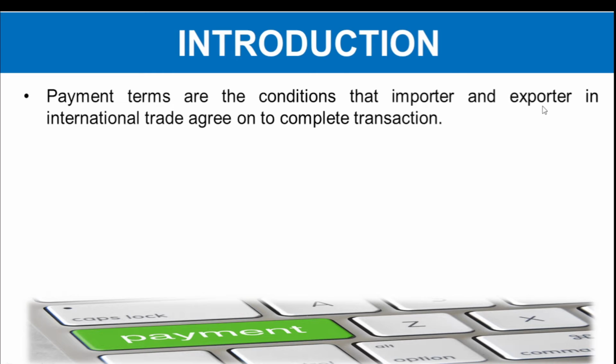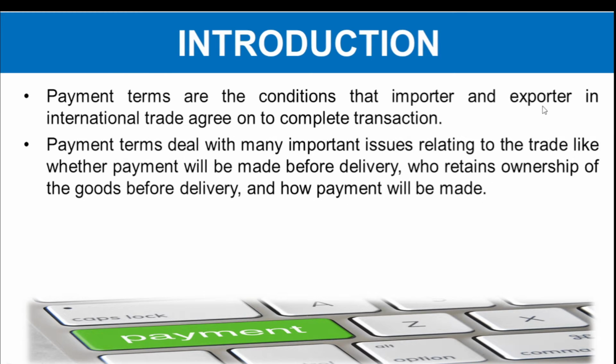So to avoid all those things, they have to agree on certain things, right? One of the most important things is how the payment will be made. In this video, we will focus on what all the payment methods involved in international trade finance are, how an importer can make payment to an exporter, and what all things they can agree upon.